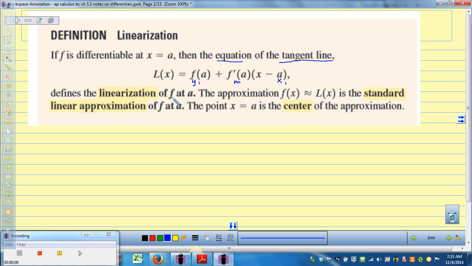Defines a linearization of f at a. So finding the equation of a tangent line is also called doing a linearization. And the approximation f of x is close to L of x is called the standard linear approximation of f at a, and the point A is said to be the center of the approximation. And again, I only put this up here because this text uses these terms, so I want you to have seen them.